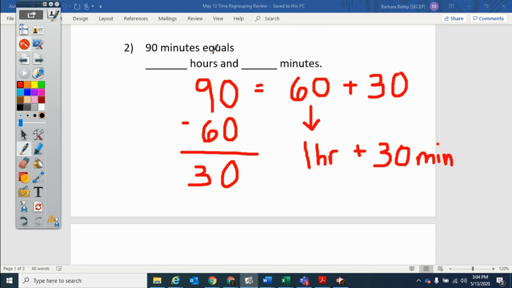Okay, so 90 minutes is equal to 1 hour, not plural, we don't need the S, and 30 minutes. So we changed 90 minutes into 1 hour and 30 minutes. Or we could do the reverse and change 1 hour and 30 minutes into 90 minutes. They're equal.